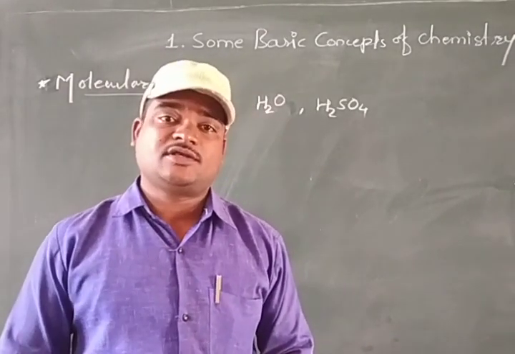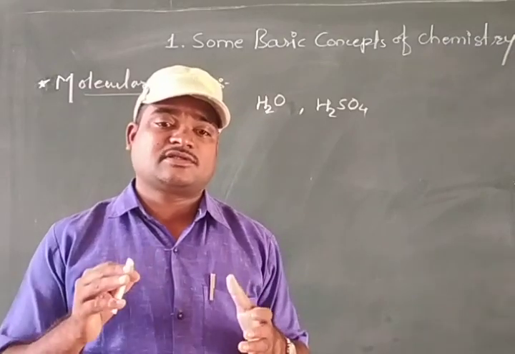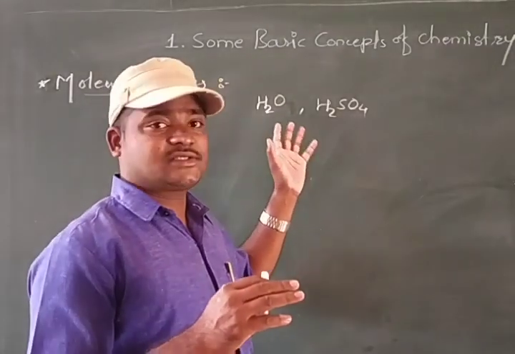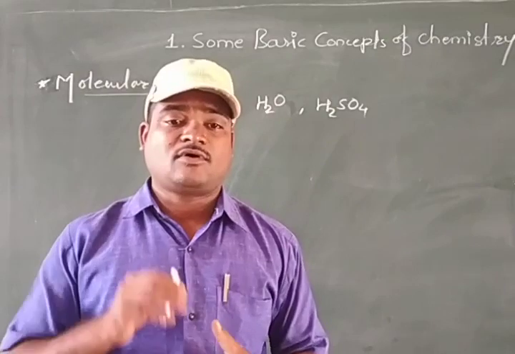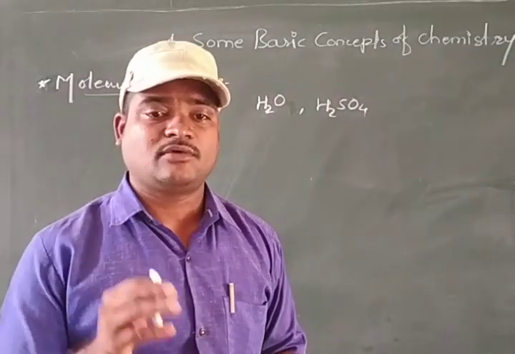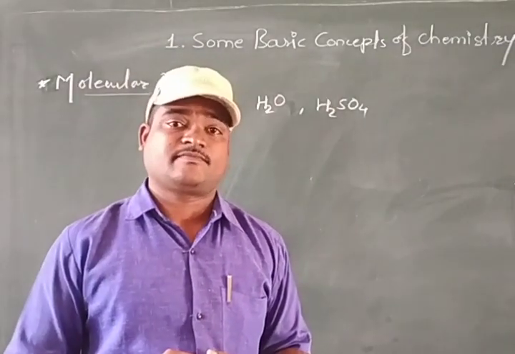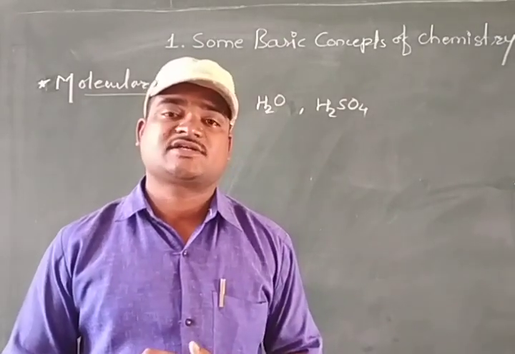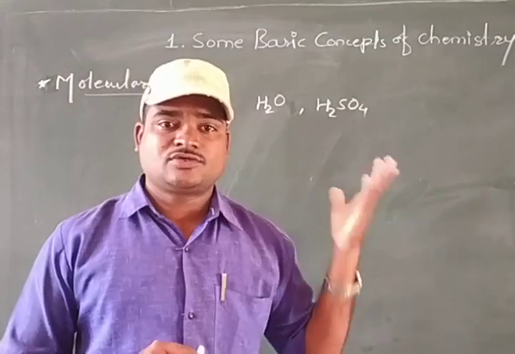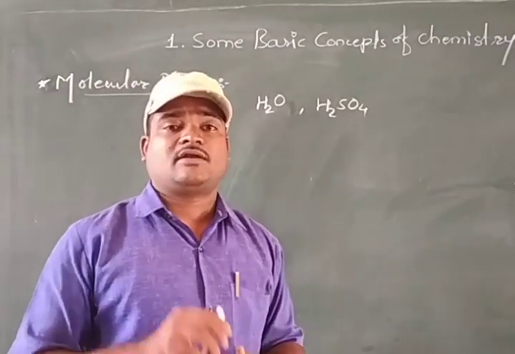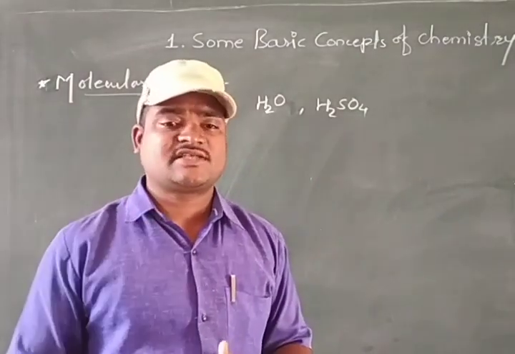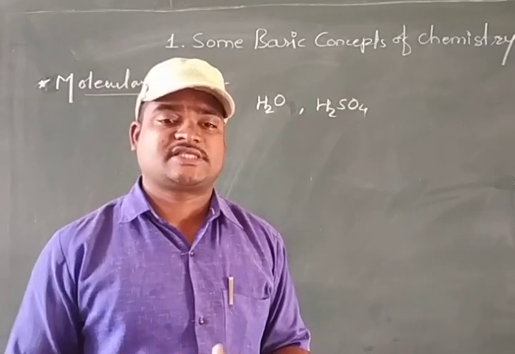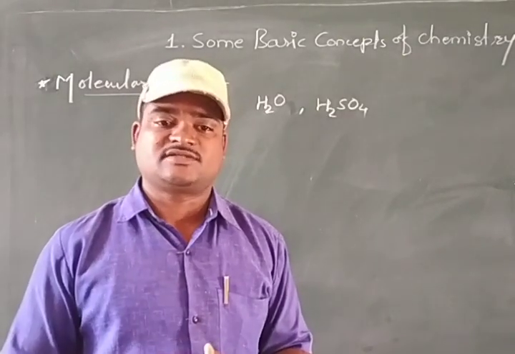Students, suppose I have given some examples, H2O and H2SO4. For such molecules, if you want to calculate the molecular mass, we can do so by knowing the atomic masses of the constituent elements. Before that, we will take a good and simple example, carbon dioxide, which is provided in your textbook.